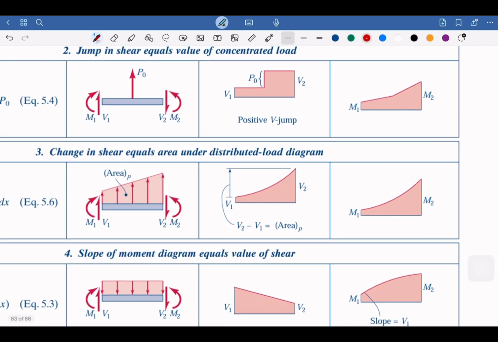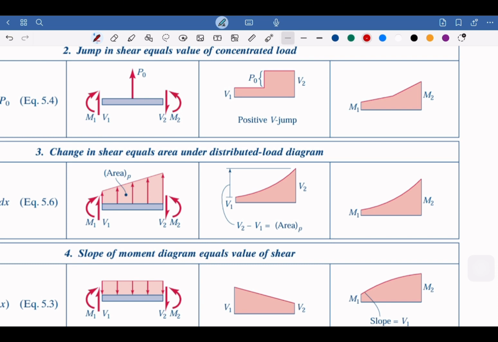Similarly, this will be the integrated result from this. So we integrate this and it becomes this one. We have a constant, we integrate, and it becomes linear.